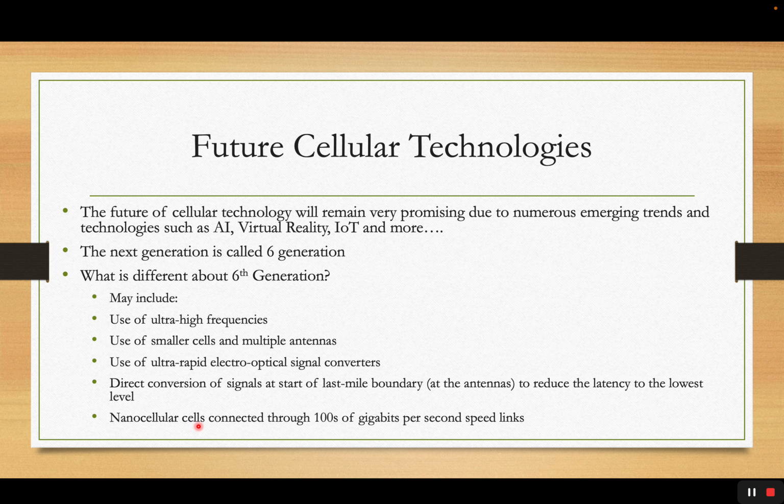And finally, it could have nano cellular cells connected through hundreds of gigabits per second speed links. So we will see what type of technology we have in the future once we get the sixth generation out.